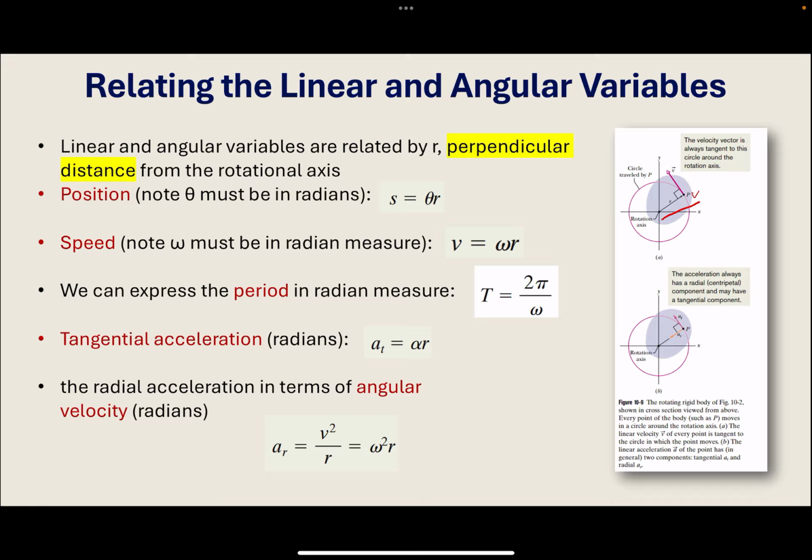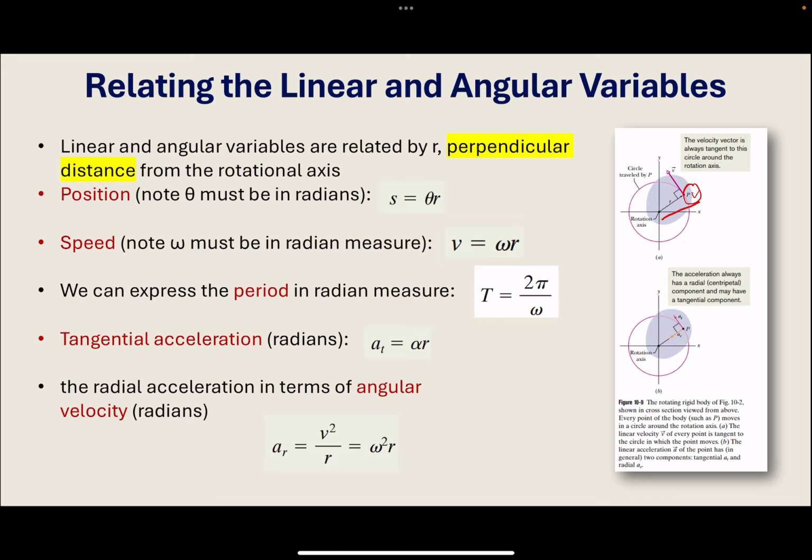As shown in the figure at a point P, a rotating body travels in a circle centered on the rotation axis. The distance from the point to the axis is called r, the perpendicular distance from the rotational axis. The relationship between linear and angular quantities is based on this r value. Let's go through them one by one.